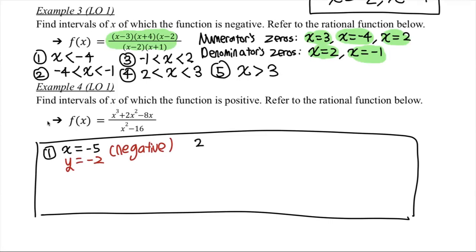Let's test out the second interval. We can plug in x is equal to 0, and we will get y is equal to -12. You're essentially plugging in x equals 0 into the fraction: -3 times 4 times -2 over -2 times 1, so we get 24 over -2, which is -12.